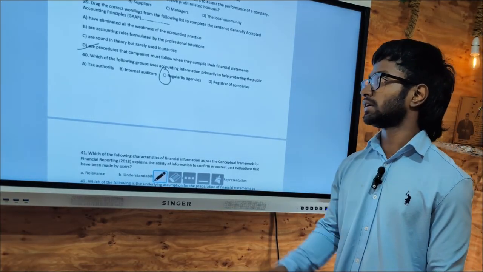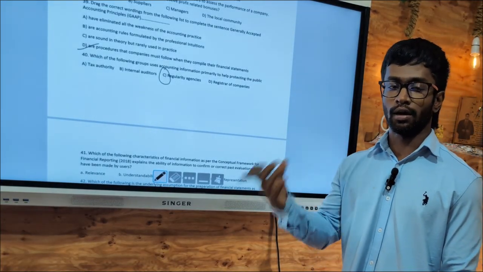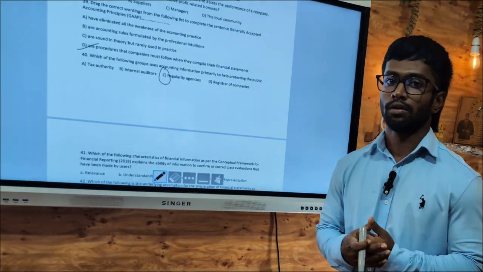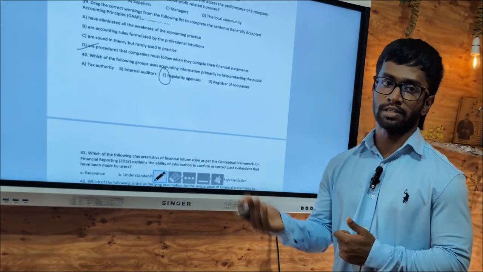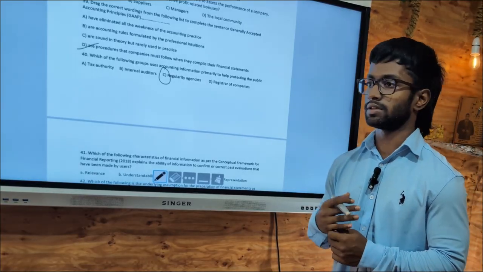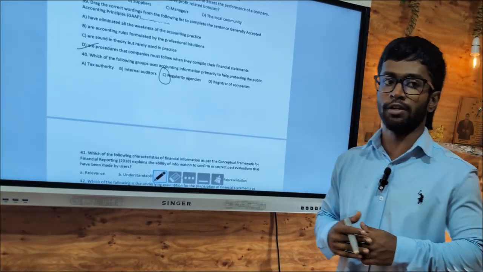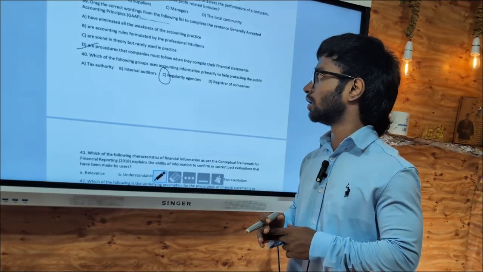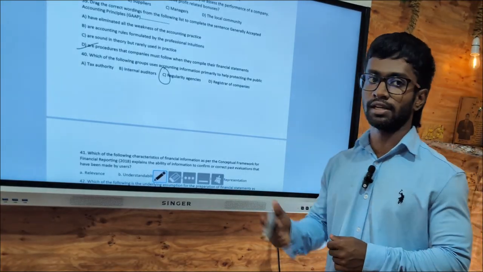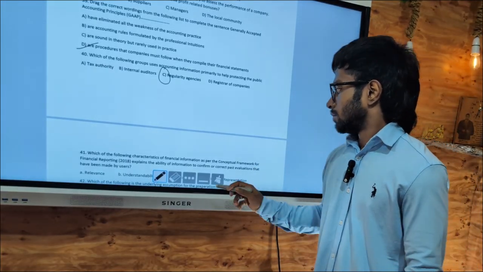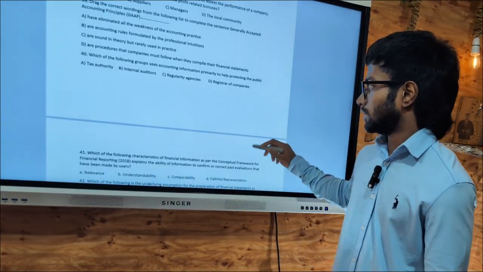They are doing that so that no harm happens to the public when they come and invest in your company or something. So these regulatory agencies set certain rules and regulations for companies to follow, so no unethical activities happen basically. We'll move on to the next set of questions.